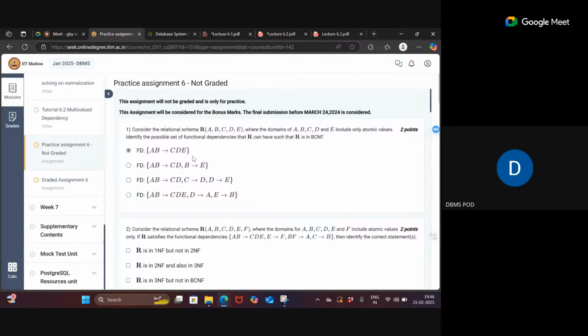From B we will get E, and B determines E. Whether B is a key? B is not a key. AB together is a key. So this FD, B determines E, is violating BCNF. So this is not the correct answer.